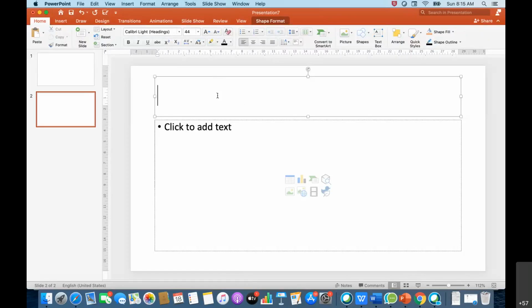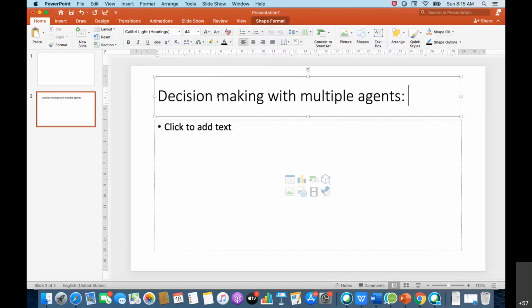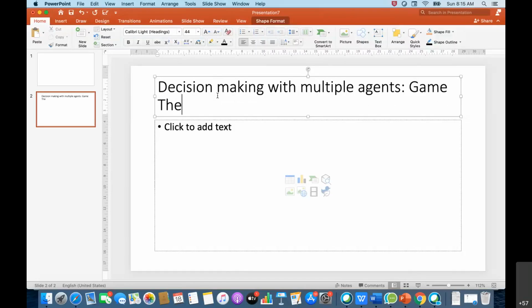Now, what we are going to discuss today is decision making with multiple agents. This has another terminology, that is game theory.